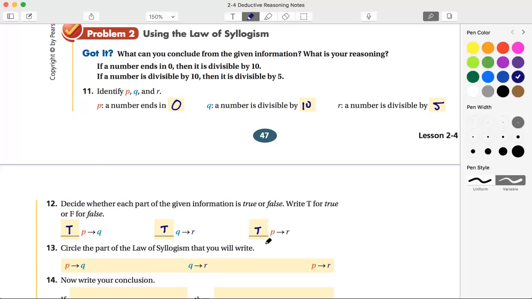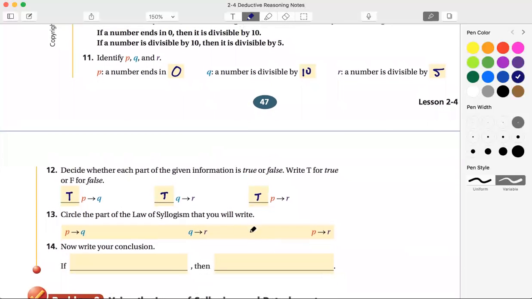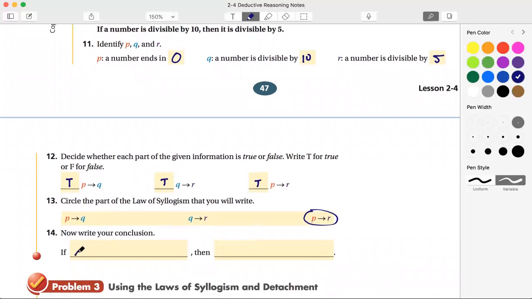Yes. Circle the part of the law of syllogism that I will write. I'm going to write P implies R. So we're going to write our conclusion. If a number ends in 0, then it is divisible by 5.